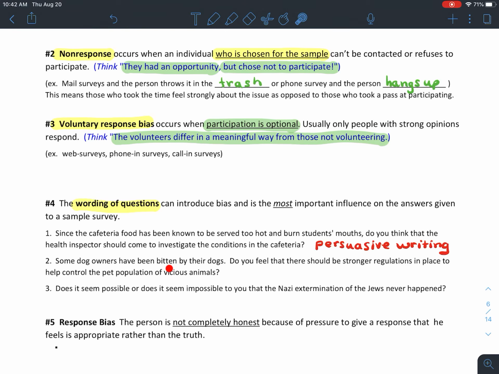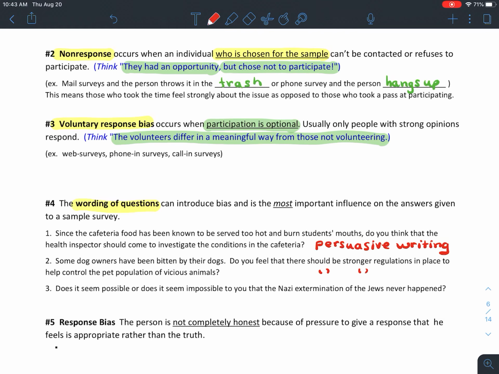Here's another example. Some dog owners have been bitten by their dogs. Do you feel that there should be stronger regulations in place to help control the pet population of vicious animals? I'm just going to put some ditto marks here, meaning same reason here. The wording of this question is showing persuasive writing. And finally, does it seem possible or does it seem impossible to you that the Nazi extermination of the Jews never happened?